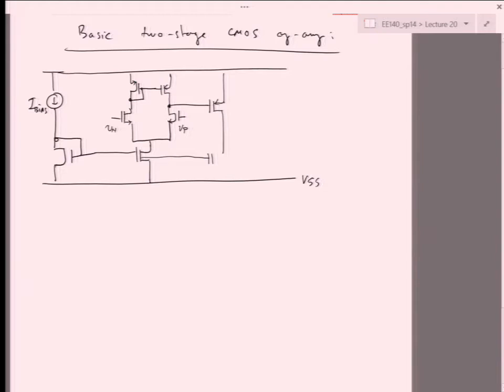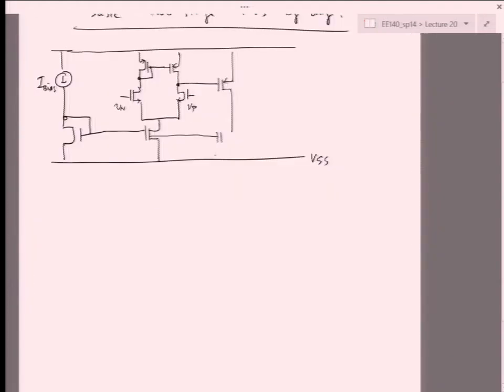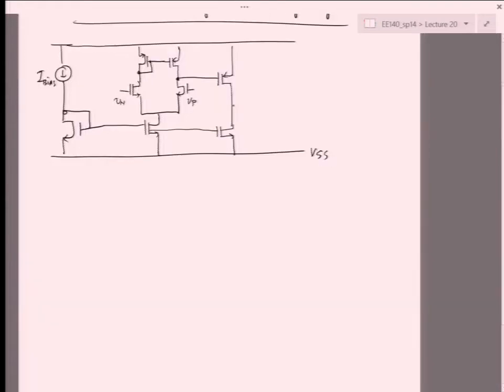That second stage is a common source, biased and loaded by another active load. Alternatively, I can also take this output and put it into an NMOS loaded with some V bias here, with a PMOS.